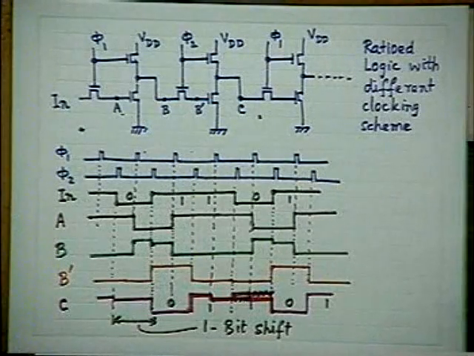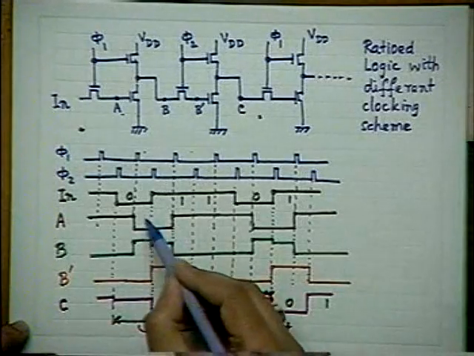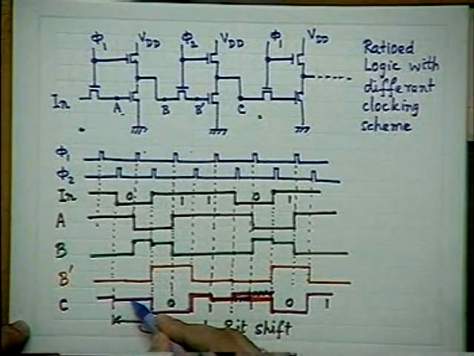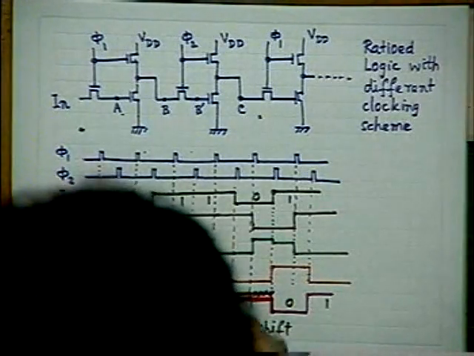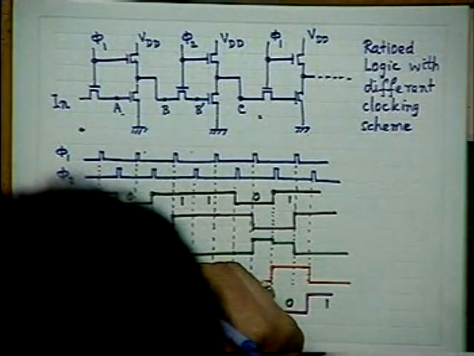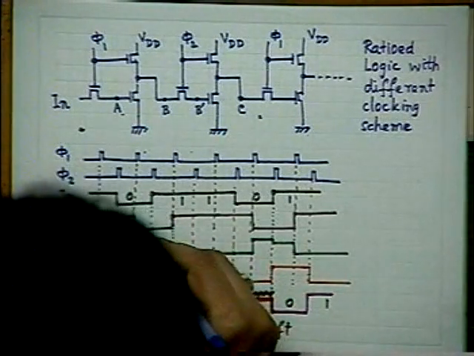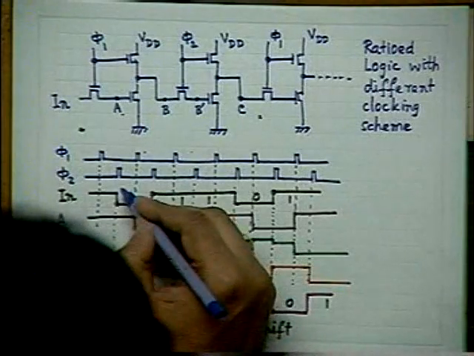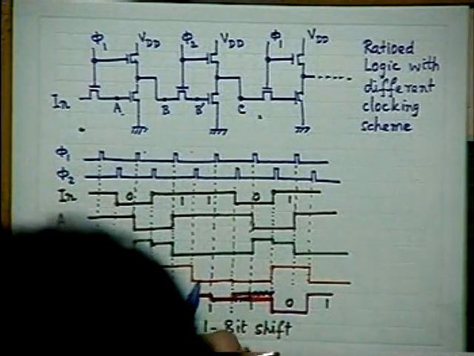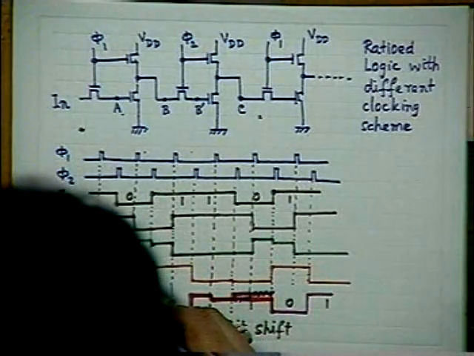At the beginning of? At which point you are saying? Oh, I see, yeah. At this point, which I think I will show. I think by mistake I have shown this.